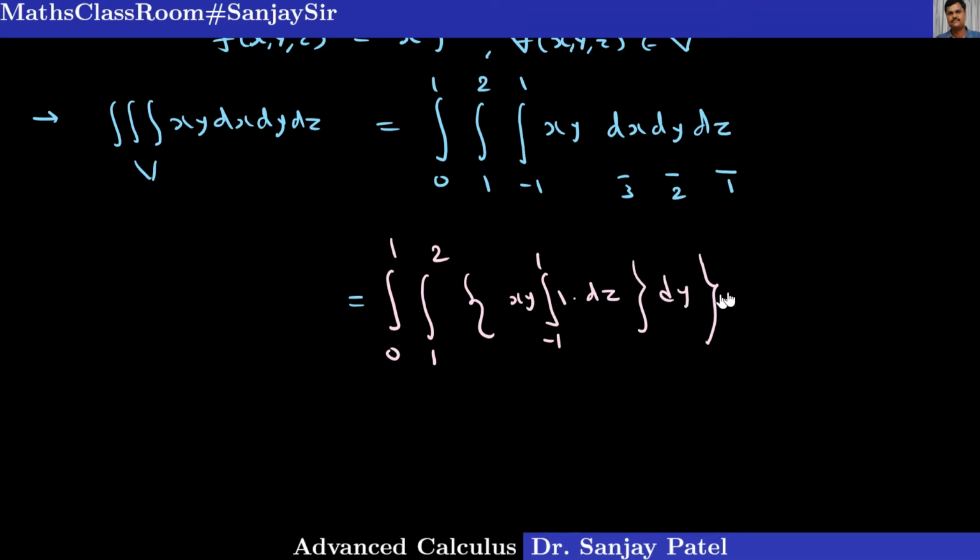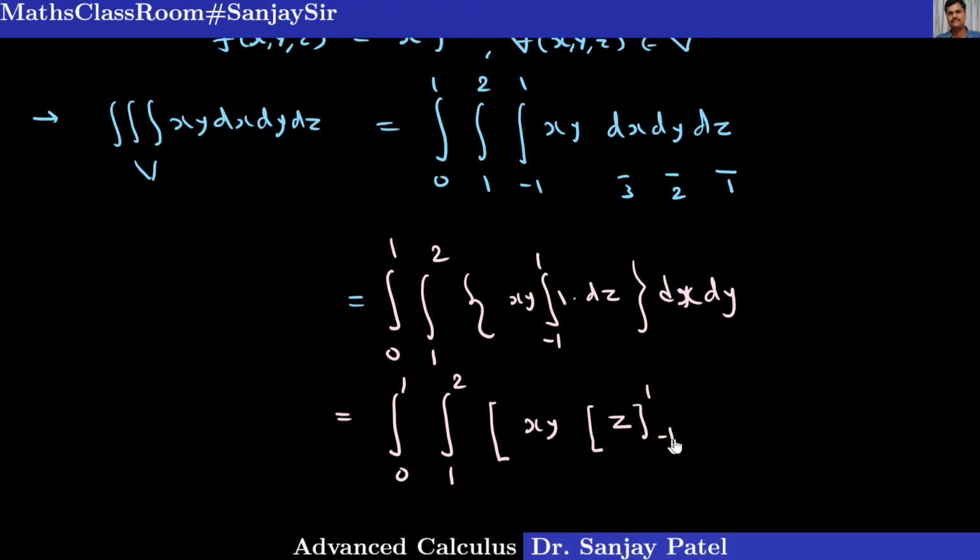Let me write this way. So this is equal to 0 to 1, 1 to 2, xy, and the integral of 1 is z, -1 to 1.